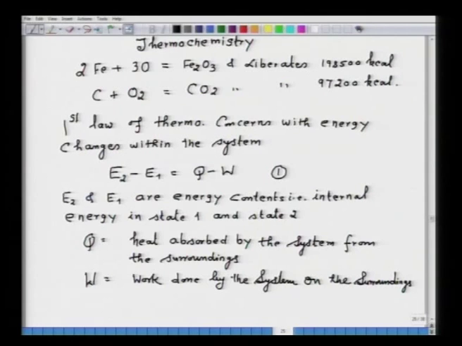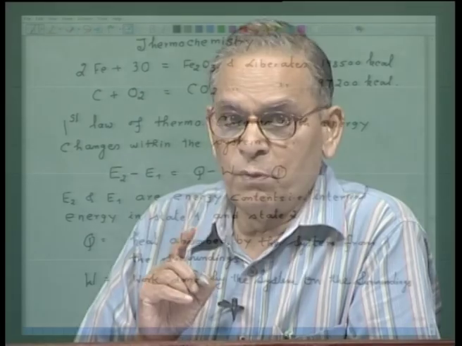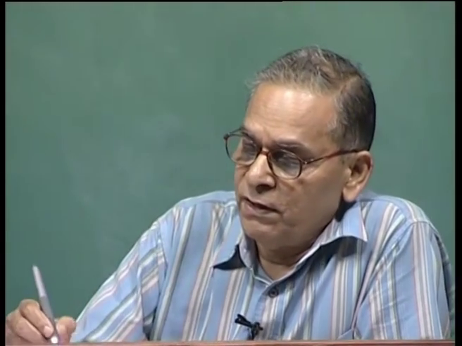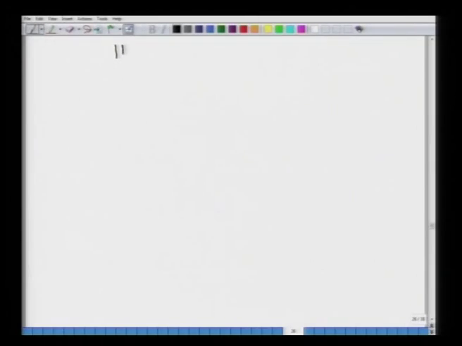Now, heat content or enthalpy of a system is a thermodynamic property to which we are concerned. So, this heat content or enthalpy, which is thermodynamic property H, is equal to E plus PV, where P is equal to total pressure, and V is equal to total volume.